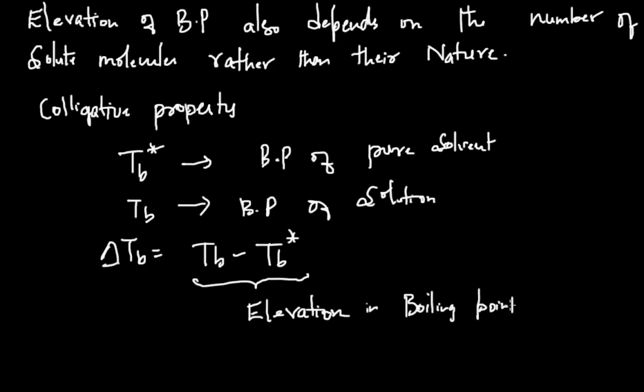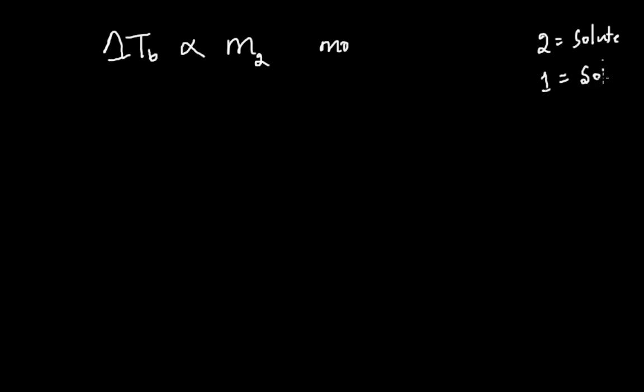Experimentally it has been found that delta TB is directly proportional to the molality of the solute. Here, 2 represents solute, 1 represents solvent.